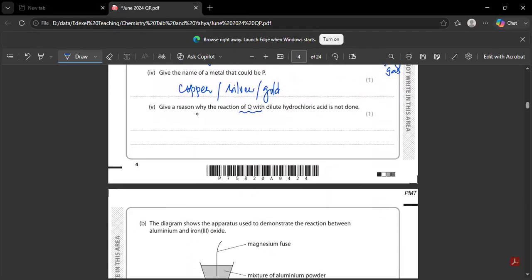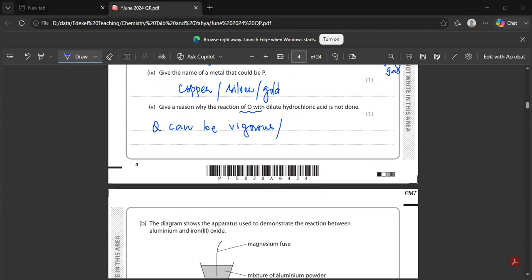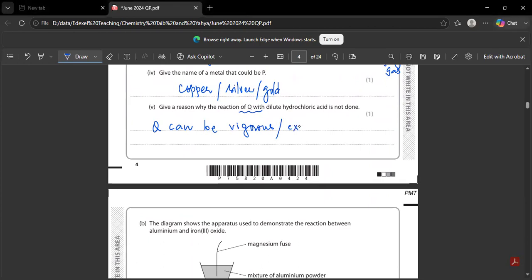So we write: the reaction of Q with dilute hydrochloric acid is not done because Q can be vigorous or explosive with HCl, right?